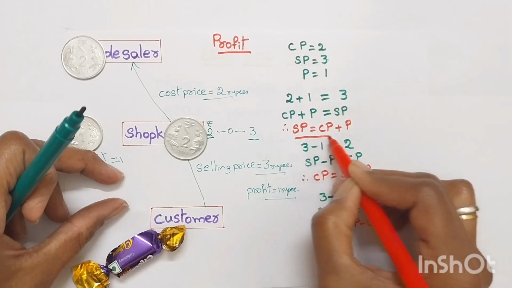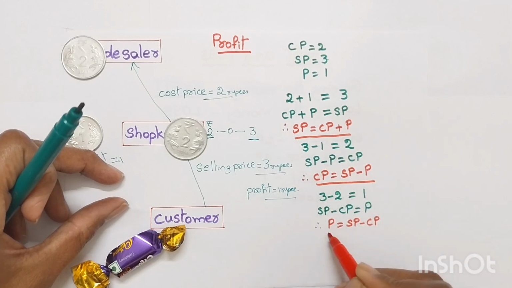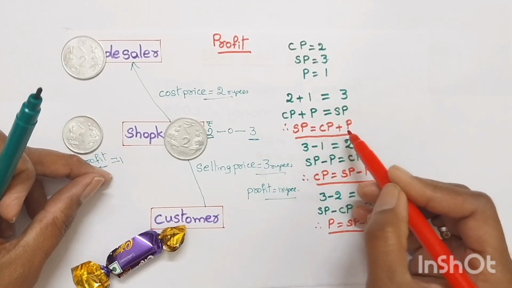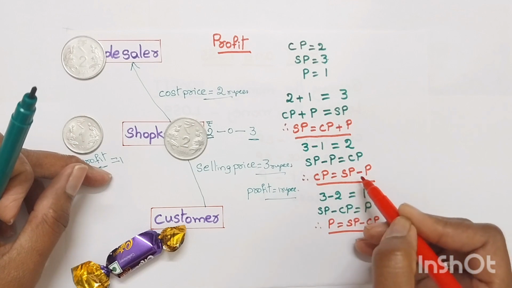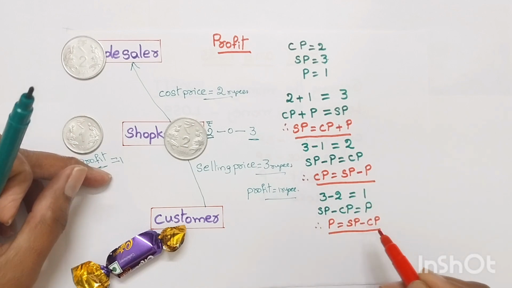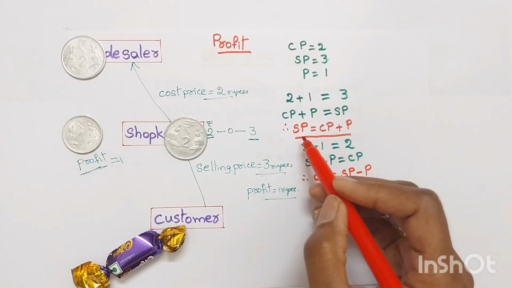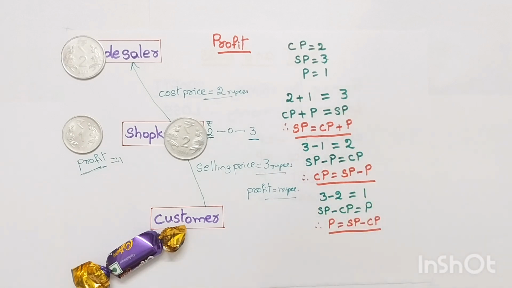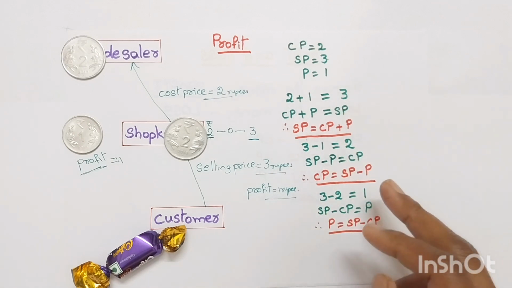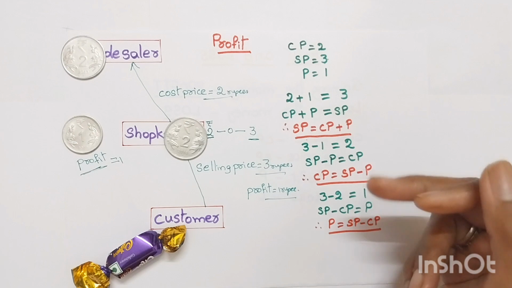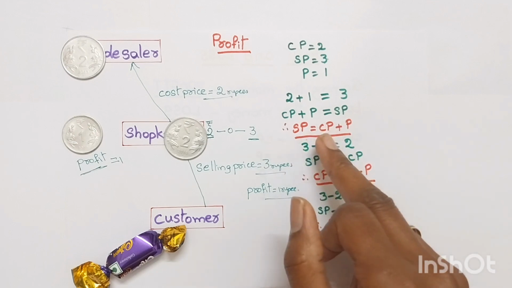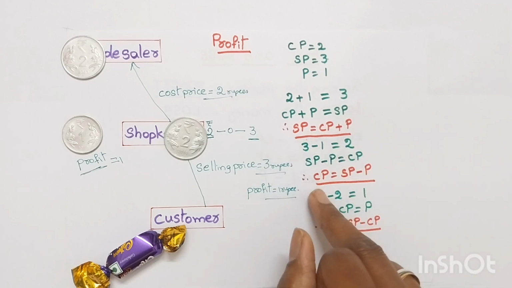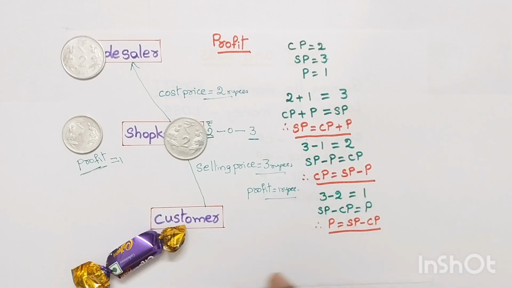These are the formulas: SP equals CP plus P. CP equals SP minus P. P equals SP minus CP. In terms of profit: selling price equals cost price plus profit, cost price equals selling price minus profit, profit equals selling price minus cost price.